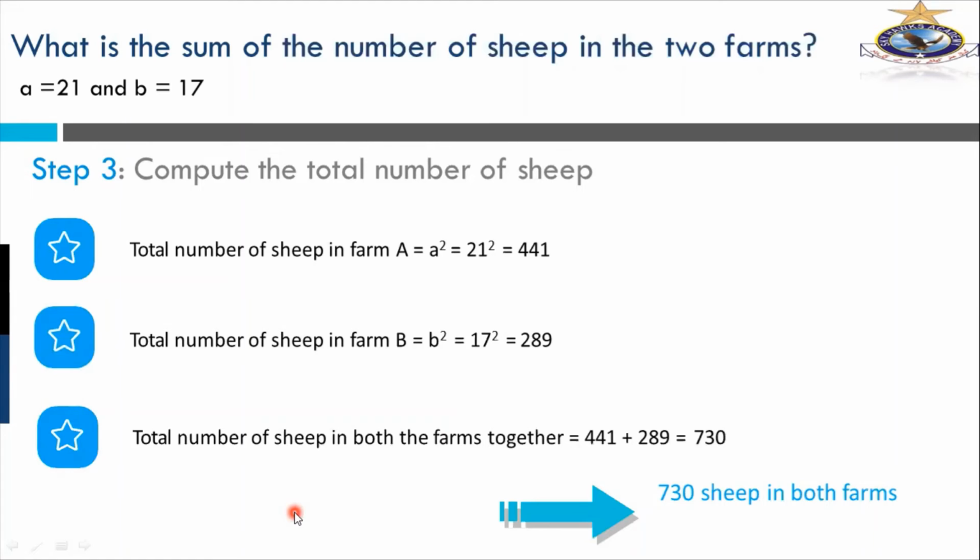So you can recall your choice also. Mine was A, but I guess it doesn't really matter. That A was what? 630. I think B is 730. Okay, B is 730. So B is the answer. Choice B is the right answer.